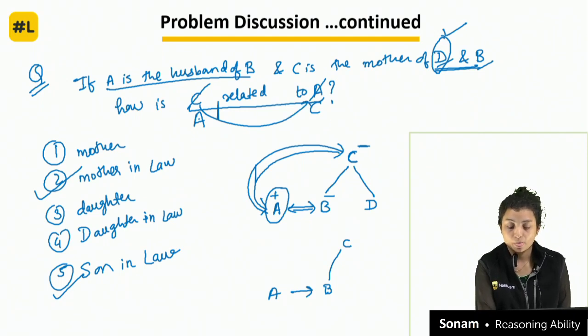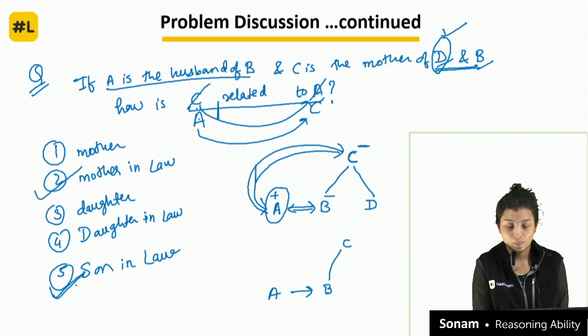The minute you flip it, the relationship changes, right? In this one it was mother-in-law when it was C related to A. But the minute they ask you A related to C, it completely changes. So be careful about such questions and try to solve them properly.